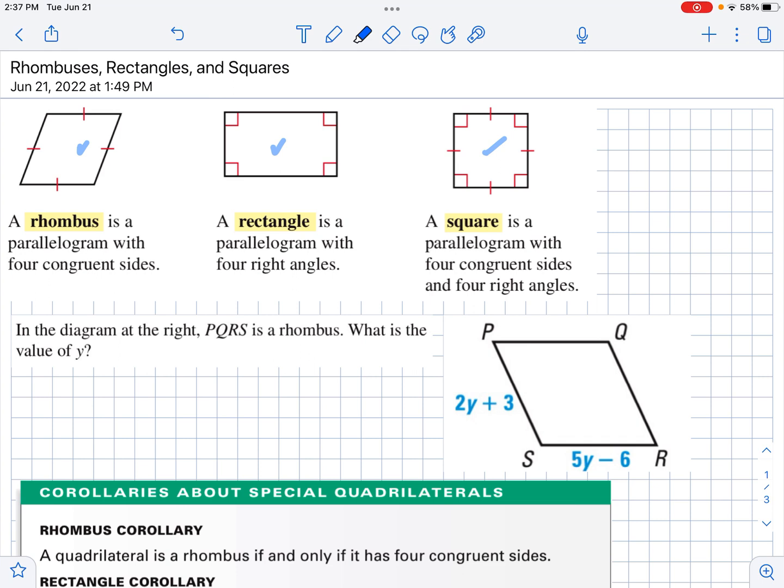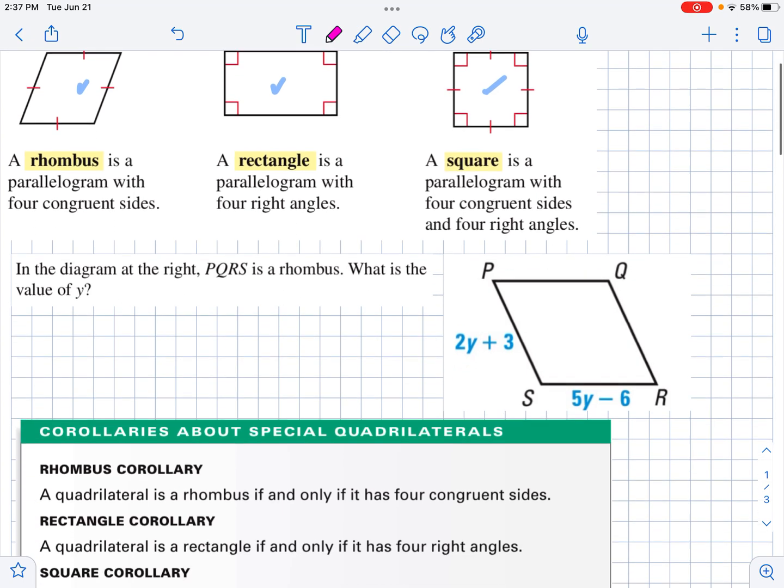Okay, now, just to keep those straight, that's just definitions. Now, if you look down here, in the diagram at the right, we have this rhombus. And what is the value of y? So this is a typical way you would be asked, well, do you know what a rhombus is?